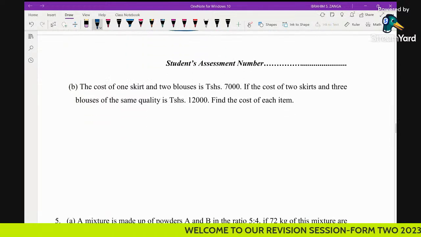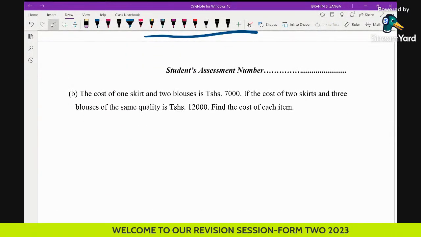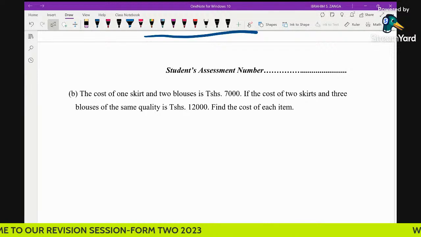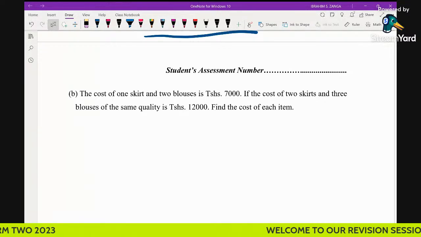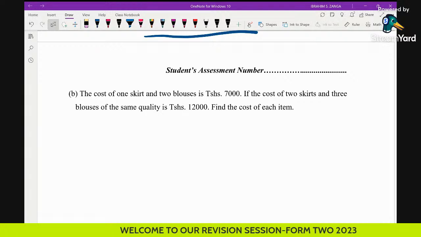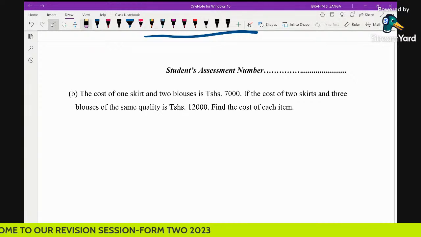That is for A. For B, the cost of one skirt and two blouses is 7,000. If the cost of two skirts and three blouses of the same quality is 12,000, find the cost of each item. It seems to be a simultaneous equations problem here.